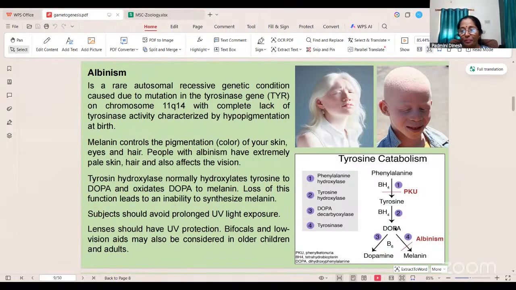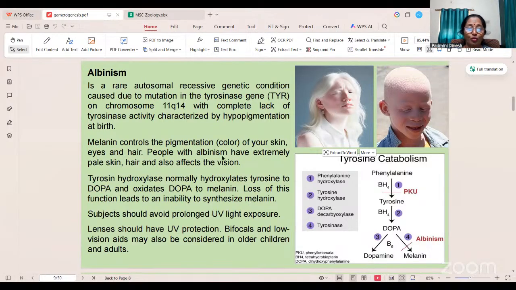Because this is not being done from DOPA to melanin, albinism occurs. So here, because melanin is not produced, you can find these people's skin is very white in color. There is no pigmentation at all. So these people are at risk of skin cancer, because there is no melanin in the body, and melanin is the one that protects us from UV radiation.